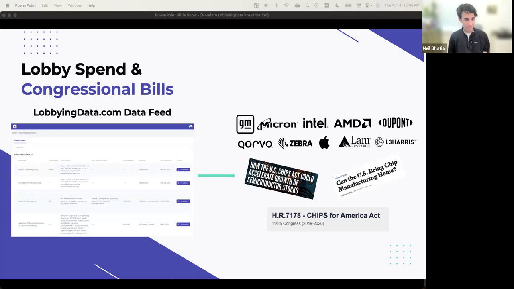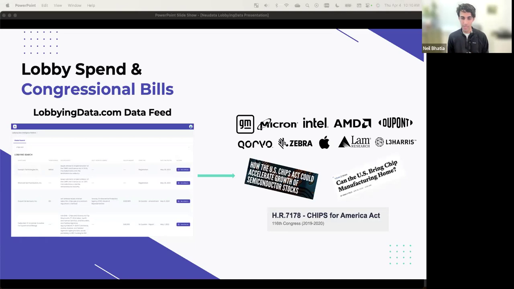So it hit Congress, and then afterwards we saw research firms on Wall Street publishing reports on the potential impact of the legislation on the semiconductor industry. With our data, you're actually able to tie this back to the individual company level rather than seeing an aggregate trend happening in the general research sphere. So that's really the whole goal of our data set.